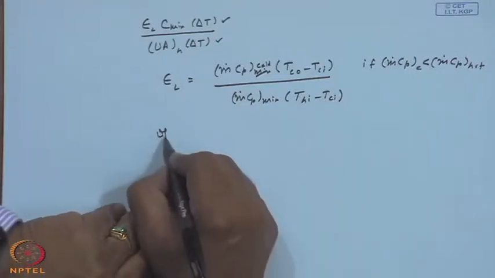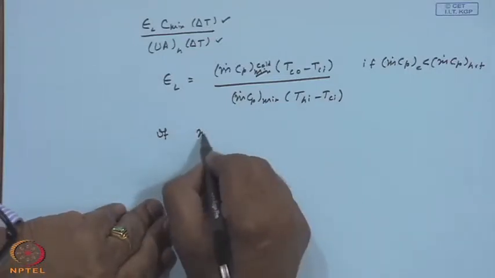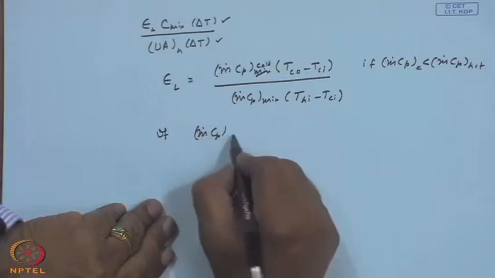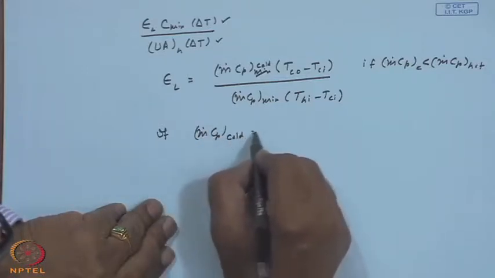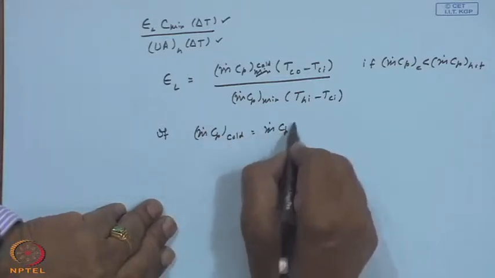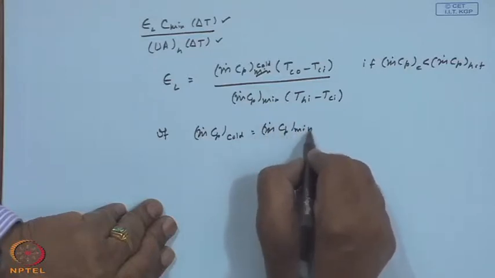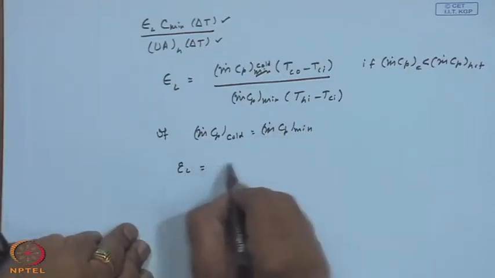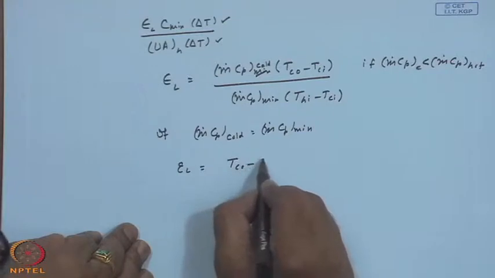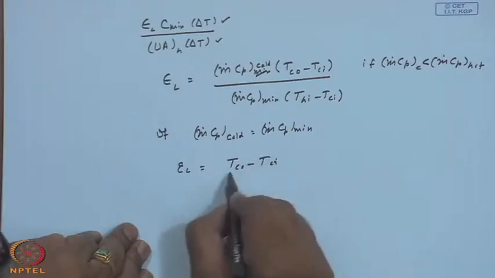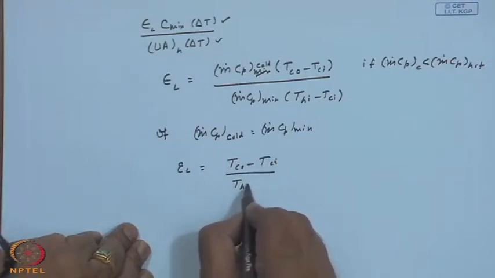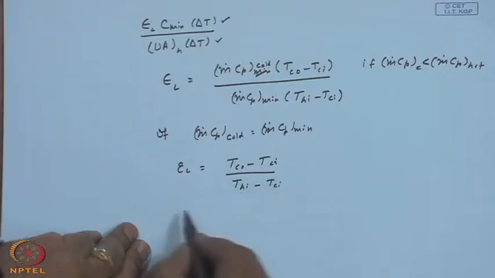So, if m dot C p cold is the minimum, then epsilon L is given by T CO minus T CI upon T HI minus T CI.